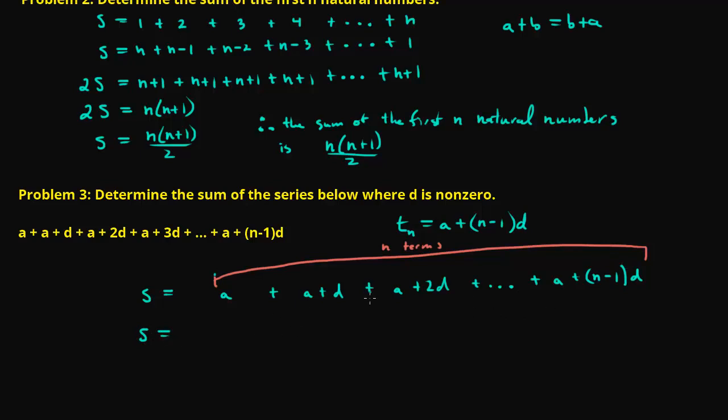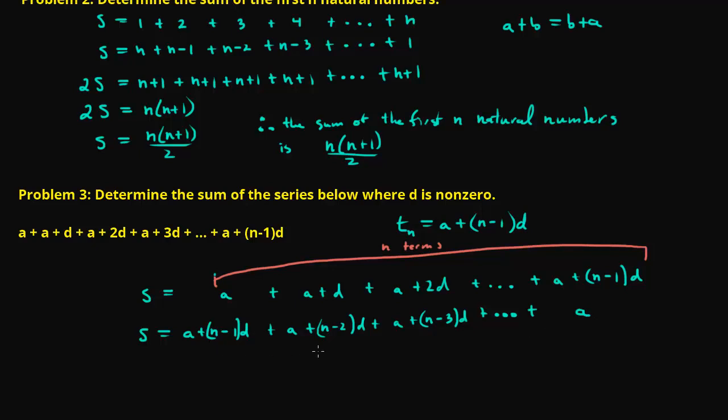So the last term, I'm going to write this as a plus n minus 1 times d, plus the term before that, which would be a plus n minus 2 times d, plus a plus n minus 3 times d, plus dot dot dot, plus a.